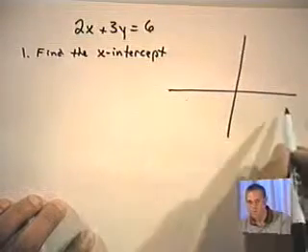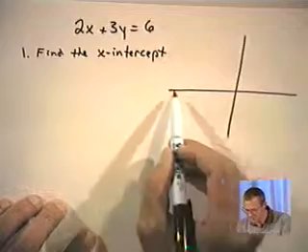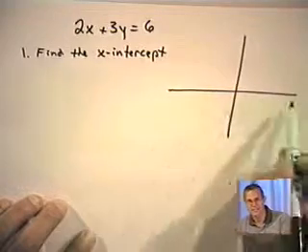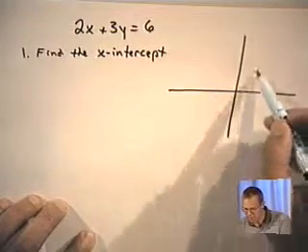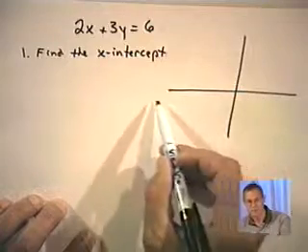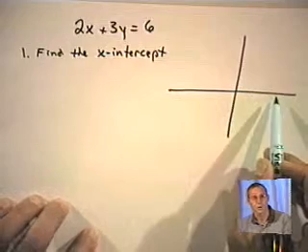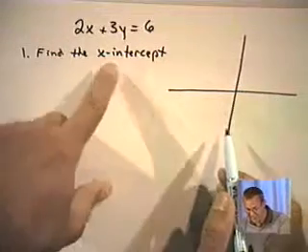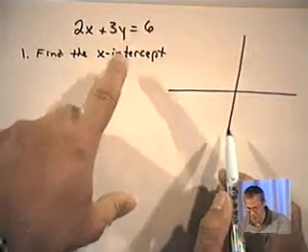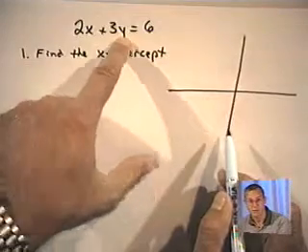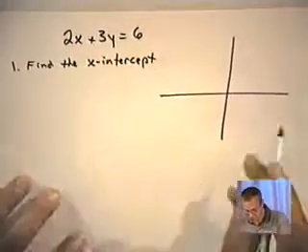Now, what is the y-coordinate of any point on the x-axis? In other words, how high up are we? Well, we're up 0. Any point on the x-axis has a y-coordinate of 0. So to find the x-intercept, we simply set the y-coordinate equal to 0, and we solve for x.